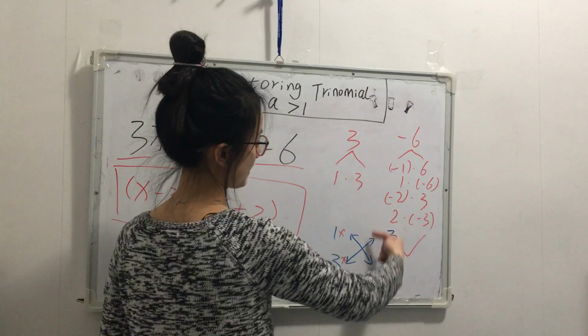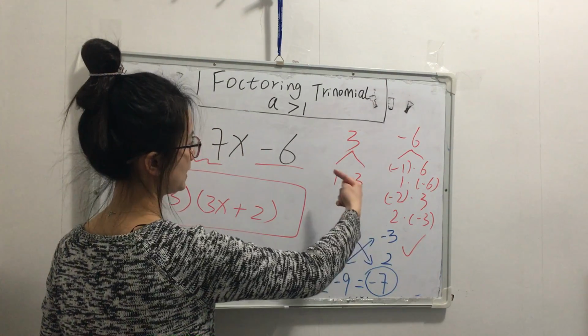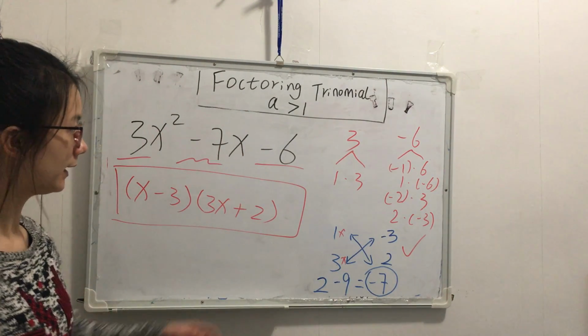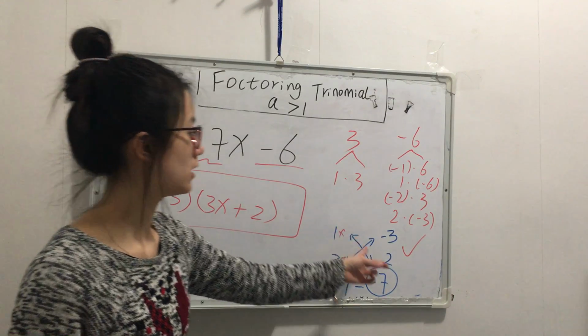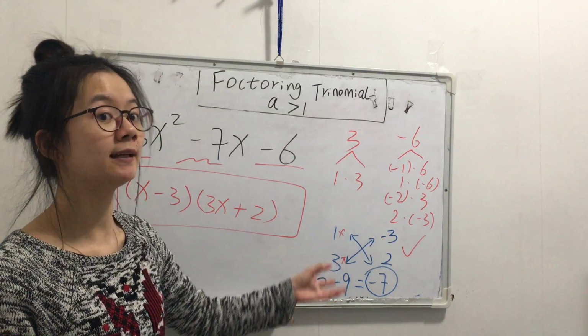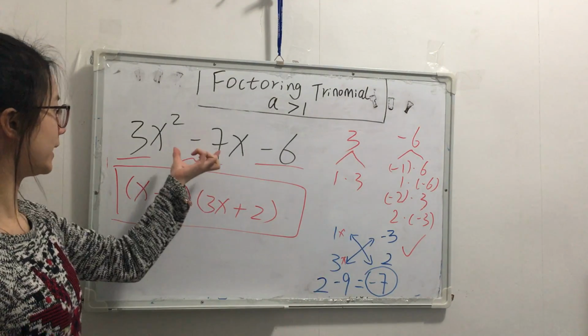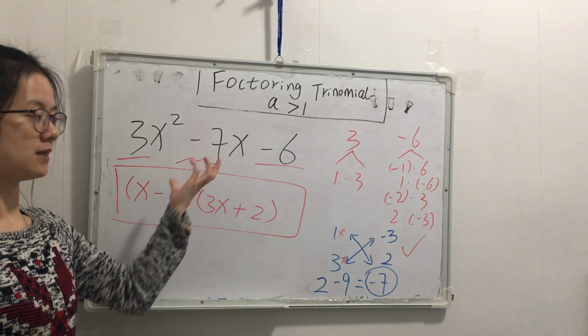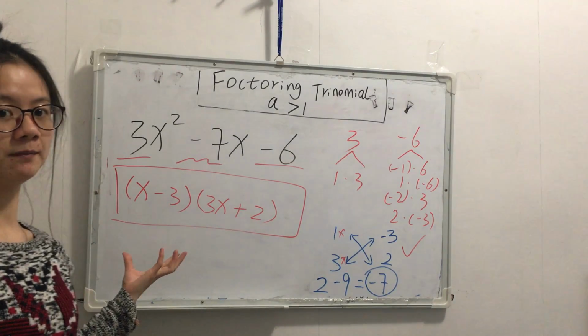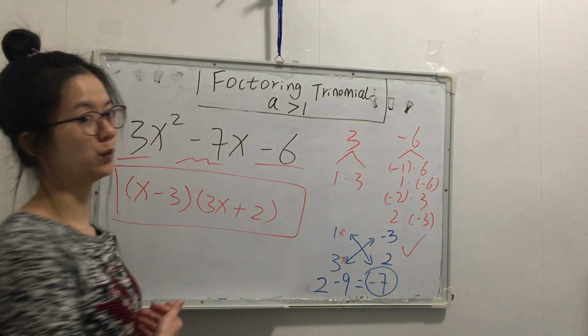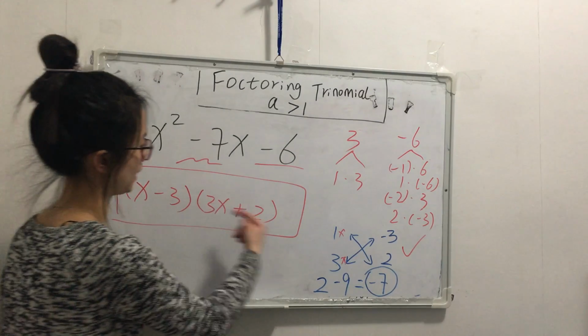And on the other side, we write the factors for the C term. Okay? And then we cross multiply, and then add together to see if we get the B term. If we get the B term, then this is the factor we want. And we can write it in factored form.